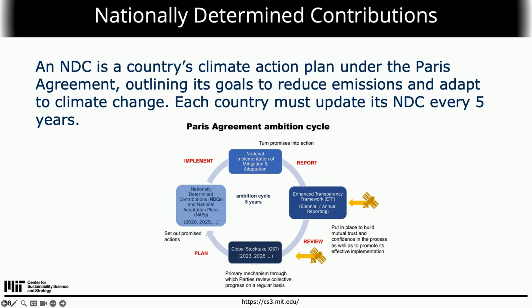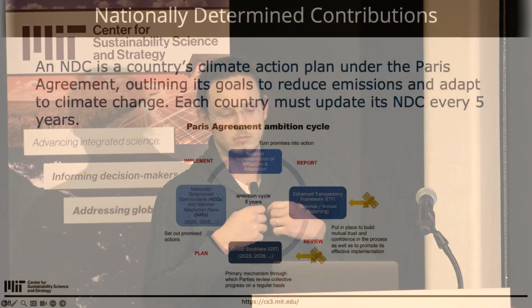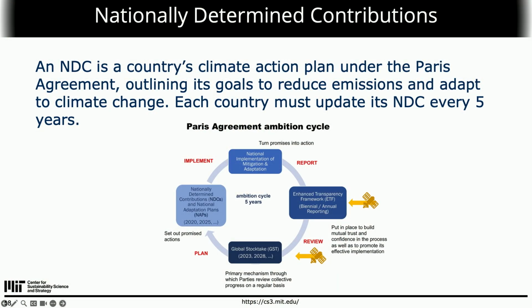Each country, each party that has signed the Paris Agreement has to first design a plan, implement it, and report it to other countries, so the other countries can see what is being done and if it's effective. This has been set up to have a review process and build trust among parties to keep doing things.